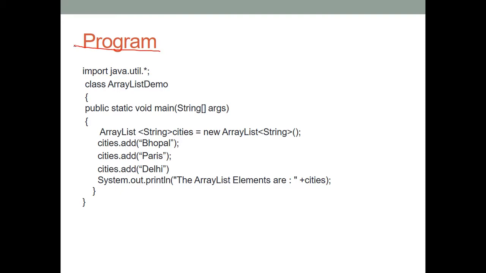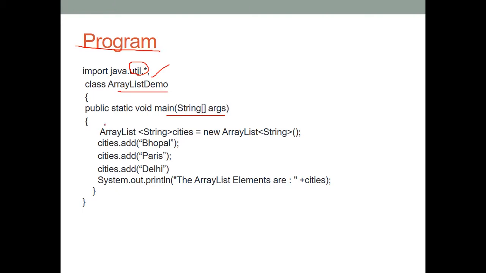How can you add a value in an ArrayList? Import java.util, it's available in this package. Then class ArrayListDemo, it's my own class, and public static void main(String[] args).